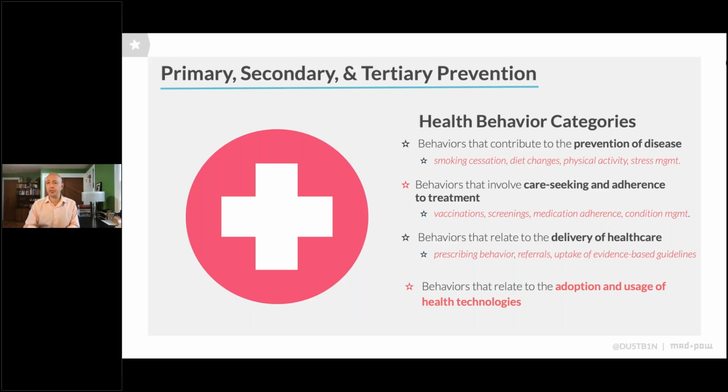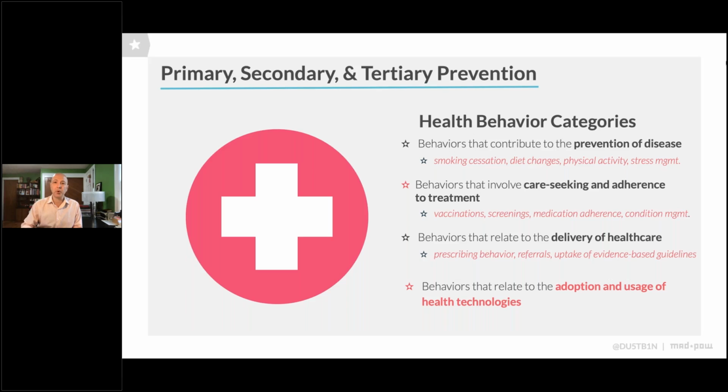And also with any of these, particularly folks that I imagine are on the line, if we work within a healthcare system or an insurance company or on the payer side, or even on a technology or a design side, we might also be thinking about behaviors that relate to the adoption and usage of health technologies. So when we put out digital treatments or digital therapeutics, in order for those to be effective, they need to be downloaded, accessed, and used.